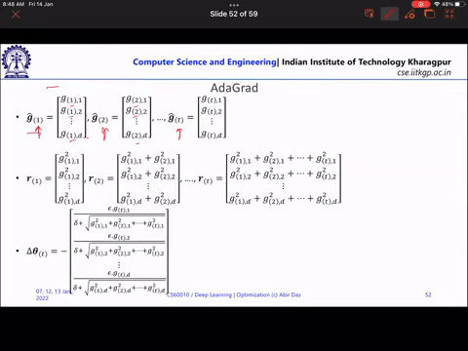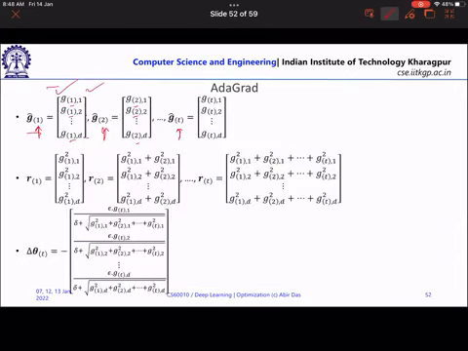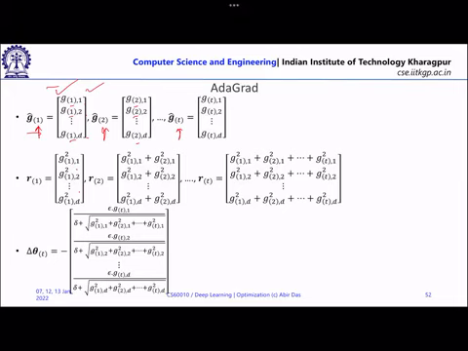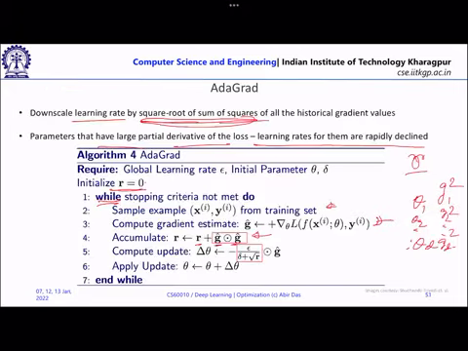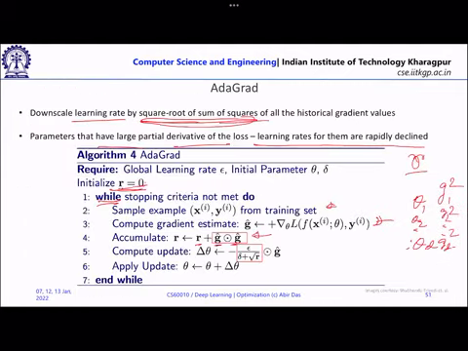When you element wise multiply this vector with the same vector, that is the same vector g hat with g hat, it is element wise multiplication. So this is g1 squared, g2 squared, up to gD squared, right? So after you do this squaring, you are adding it with R. But remember R is initialized with 0.